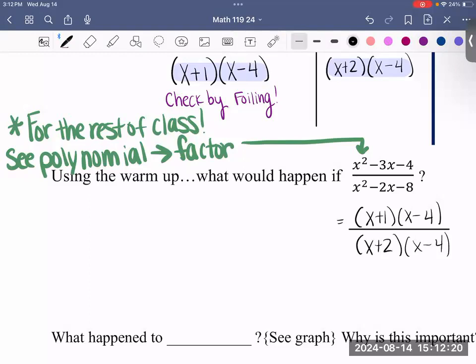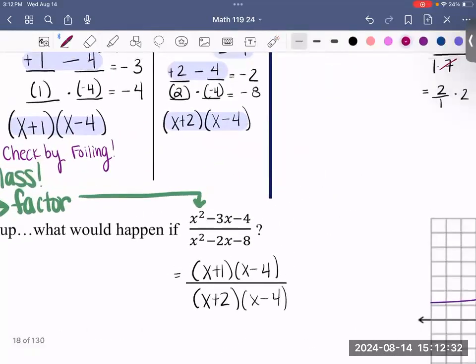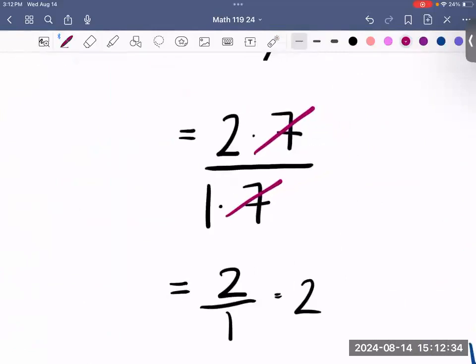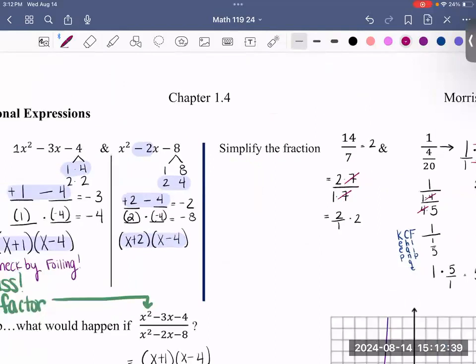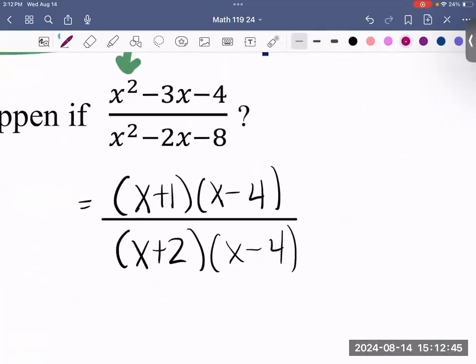Well, once we've factored, we've found something that they had in common, the same term. In this case, it's a binomial, which just like we did with something that they have in common as a 7, right? We canceled it out. It looks a little different when it's a polynomial because the whole parentheses has to look the exact same. So I'm going to encourage you to keep your parentheses here for as long as possible.